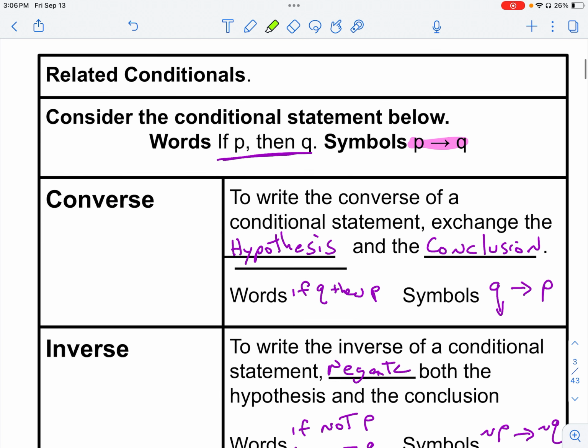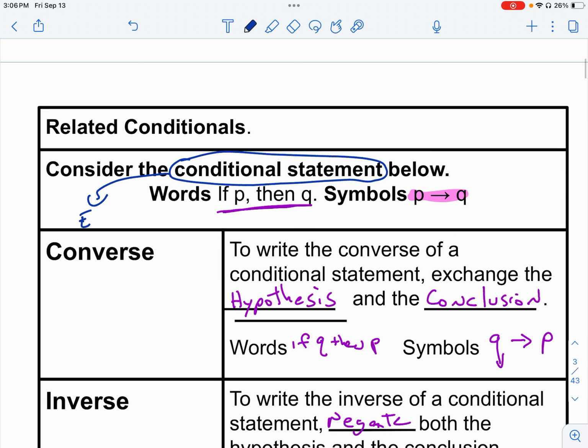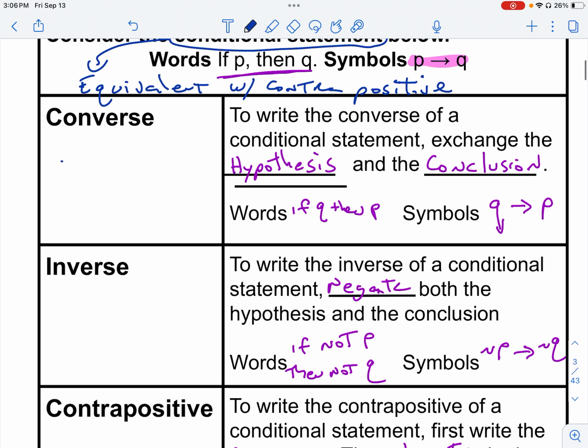In fact, let's go back up here and let's make a note. Our conditional statement is equivalent with the contrapositive. The converse is equivalent with the inverse.